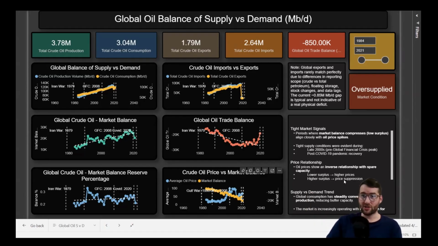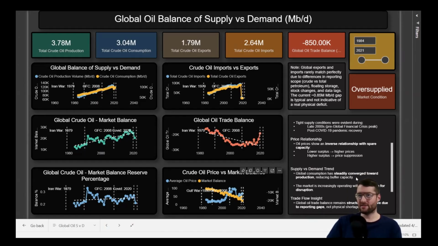More competition in the market, with more countries producing crude oil, leads to prices coming down. But then you've also got to factor in OPEC and all these other bodies that have a say over global oil supply.